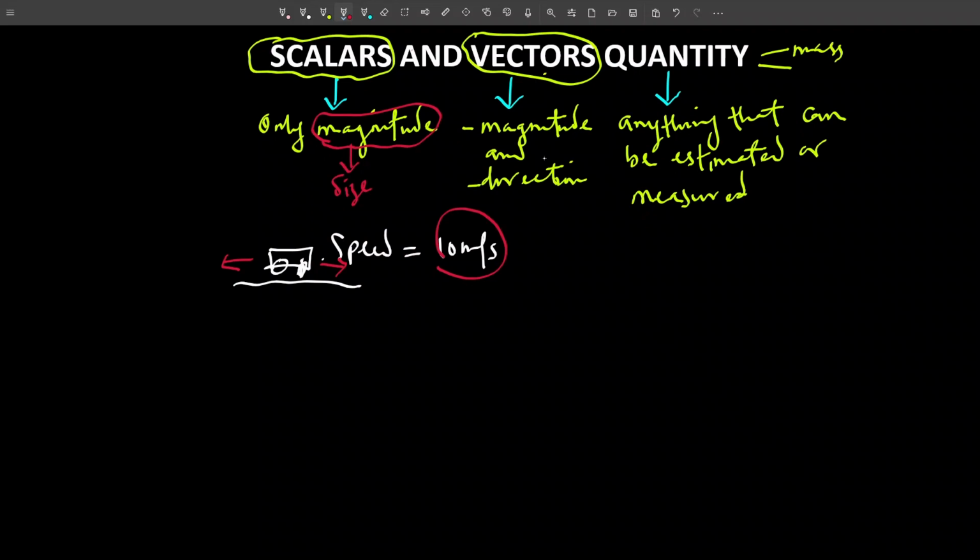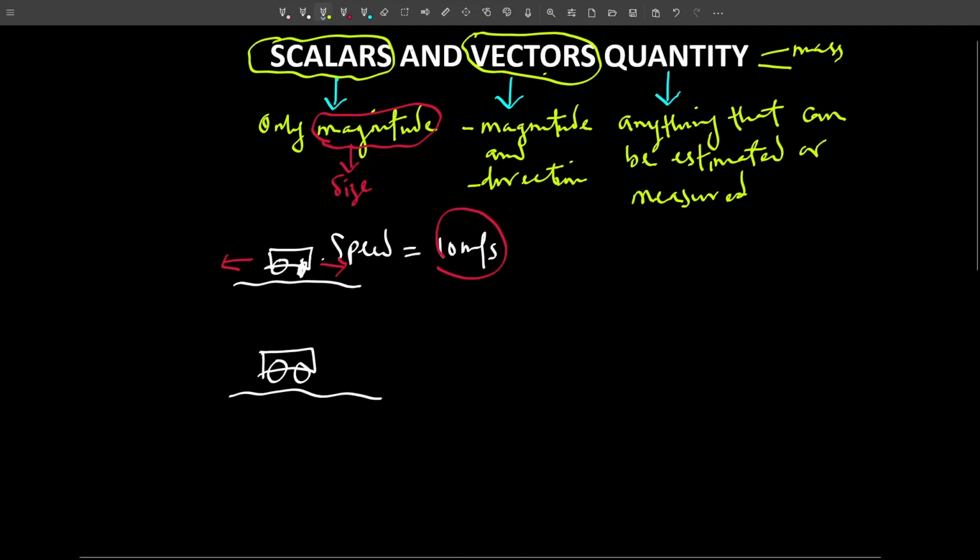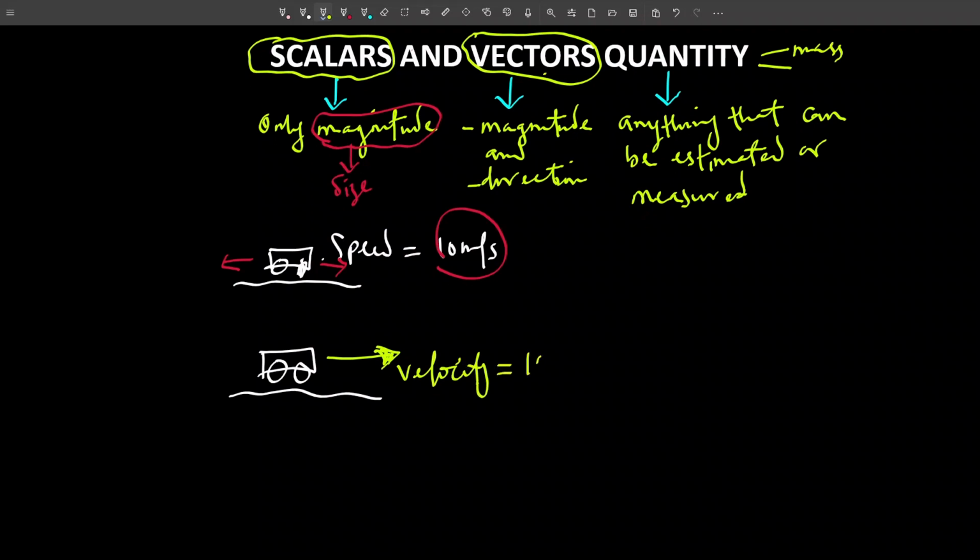While for vector quantities, they show both magnitude and direction. For example, again, I have a car. Now I say this car is moving in this direction with a velocity of 10 meter per second. Now I'm showing you two things here. First, I'm showing you the magnitude. This here is the magnitude of the velocity.